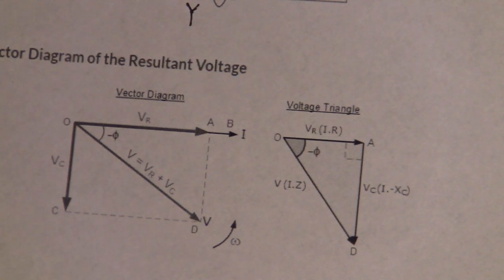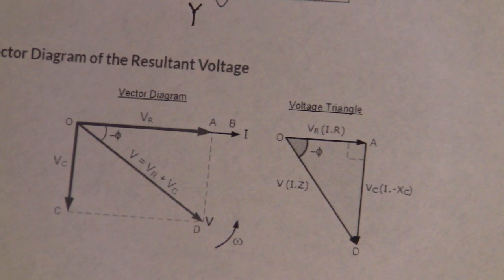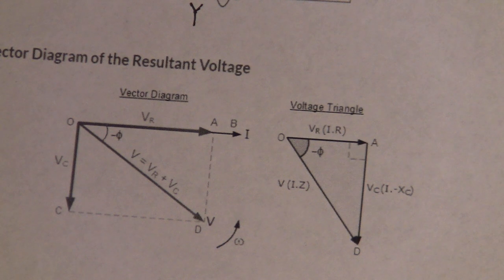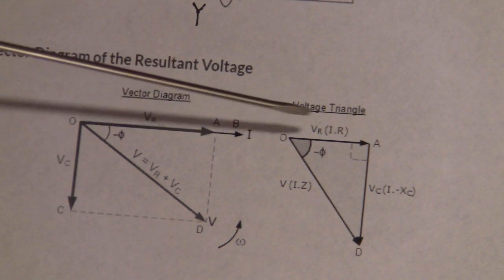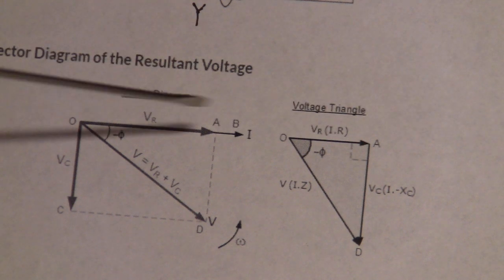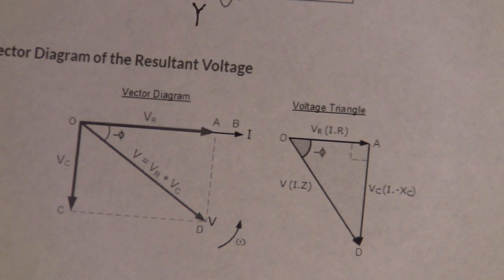And the capacitor design and the circuit design, everything is designed focused on that. We are supposed to have a 90 degree VC with the I, that's the ideal. But somehow something kicks in here.